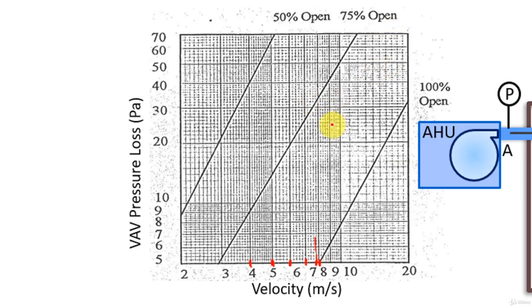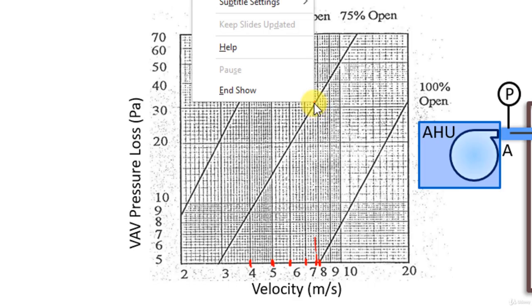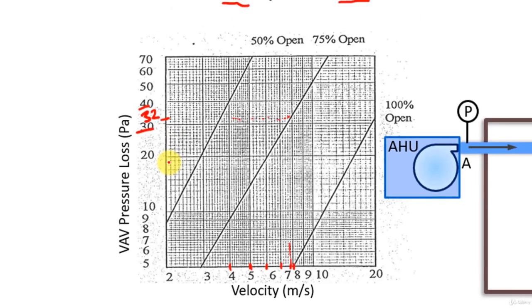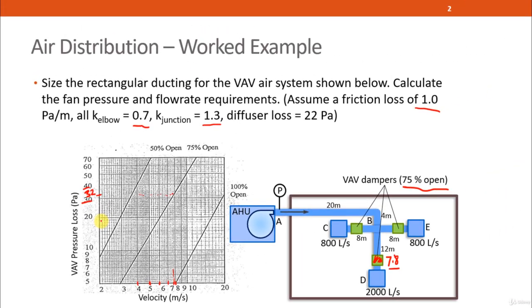The point where it cuts will be somewhere over here. Then draw a horizontal line to the left until it cuts the vertical axis. So this is 30 Pascal, this is 40, and over here is around 32 Pascal. So the pressure loss at the VAV will be 32 Pascal.